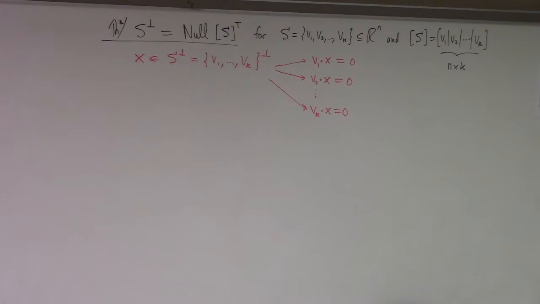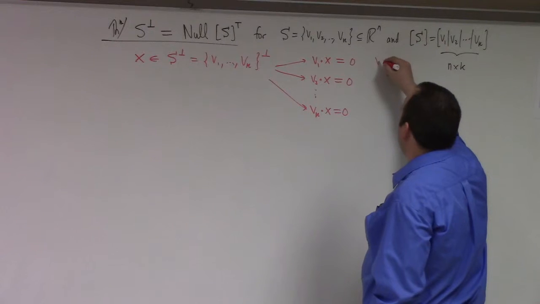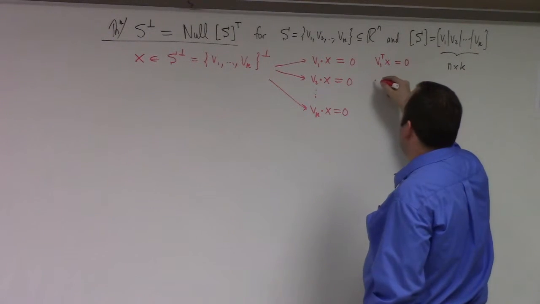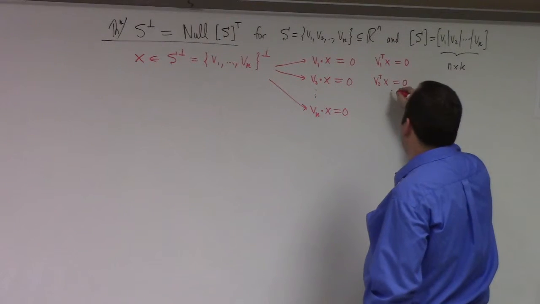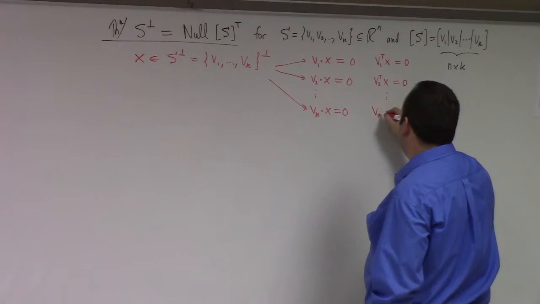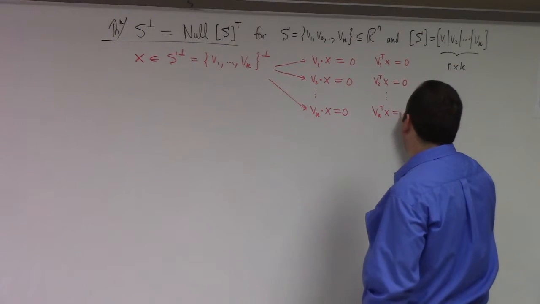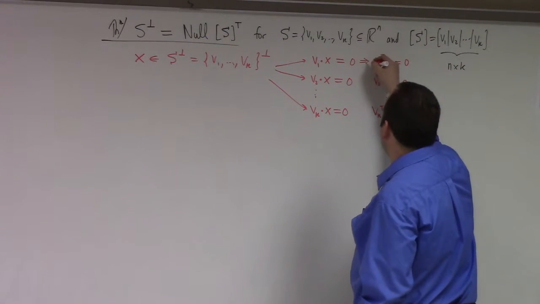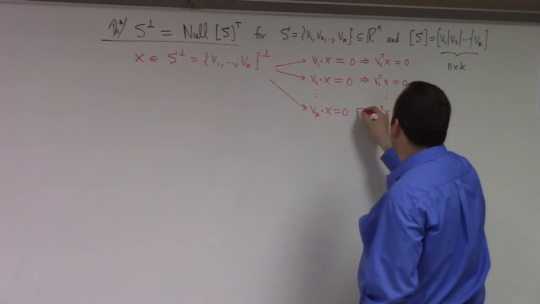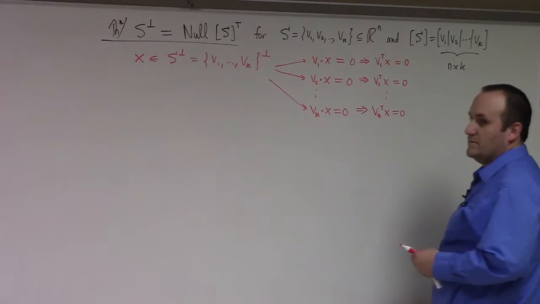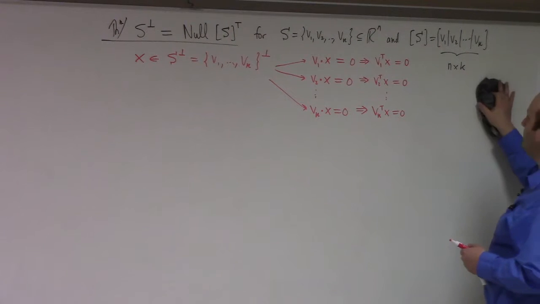But any dot product we can write as what? A product of a row vector and a column vector, right? So I can rewrite this as v1 transpose times x equals 0, v2 transpose times x equals 0, and so forth and so on, vk transpose times x equals 0. That's just changing my dot product to a matrix product, a row column product, all right?